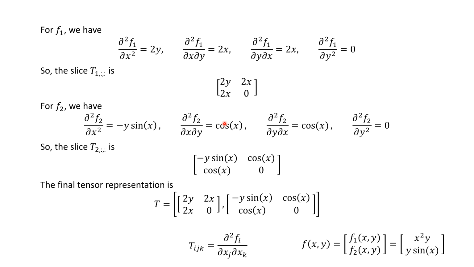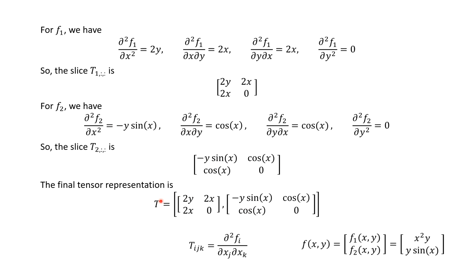If we do this second one, we take the partial with respect to x, we get y cosine x, and then with respect to y, we get just cosine x. Then by symmetry, we get this. And if we take the partial with respect to y twice, first we get sine x, and then we just get 0. So we plug those in.